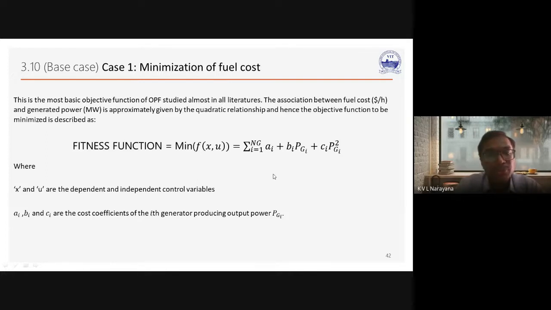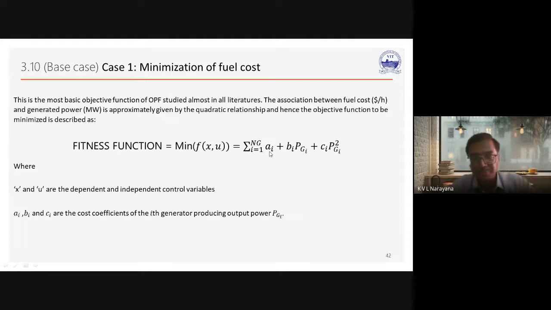If you are able to optimize the generated power such that a uniform load distribution is present, we can minimize the fuel cost. This fitness function is called the mathematical model or the objective function. So if you minimize the generated power, then automatically we can minimize the fuel cost. That is the meaning of this.